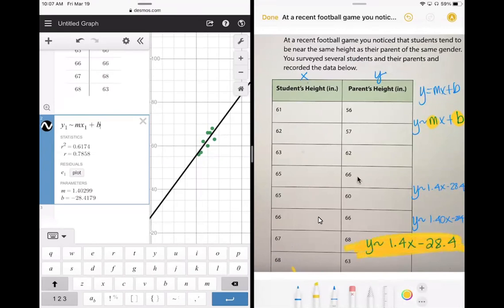All right. So remember, you are going to go to Desmos, input your information into the table, your X and Y values. Then you are going to do the slope intercept form line, but we're going to use y sub 1 is approximately equal to mx sub 1 plus b.